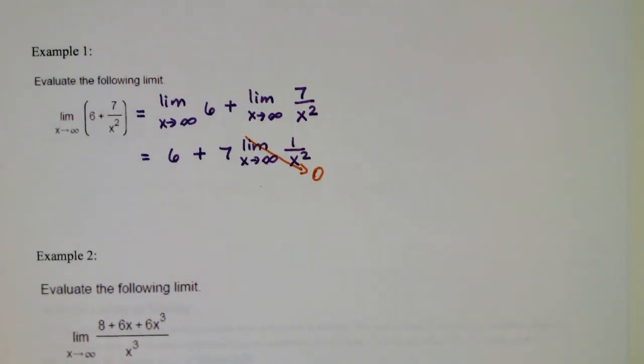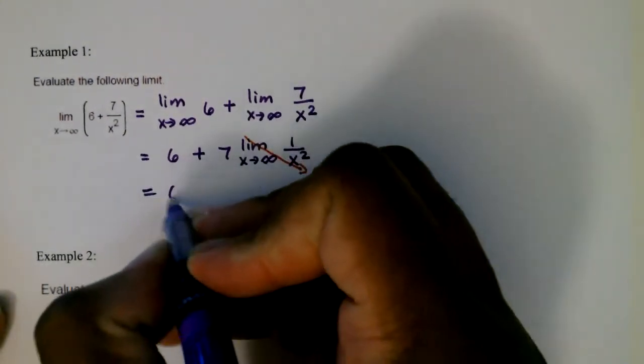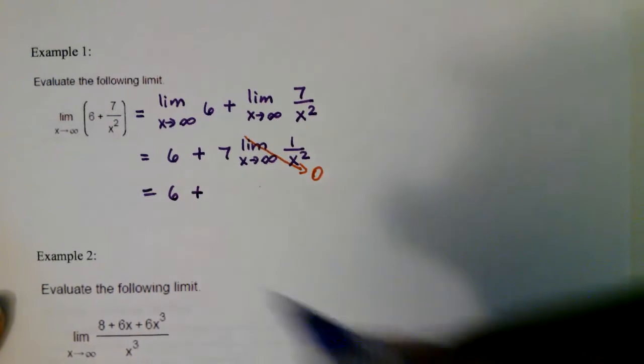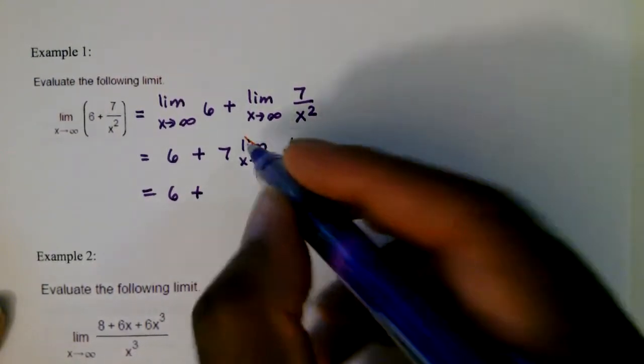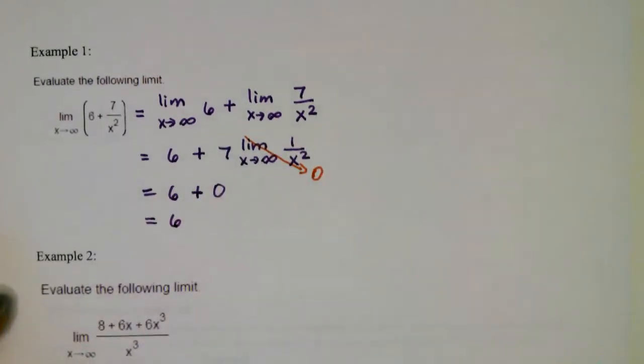So this is going to be 6 plus 0 times 7, which is 0, and 6 plus 0 is 6. So the limit as x approaches infinity of the quantity 6 plus 7 over x squared would be just 6.